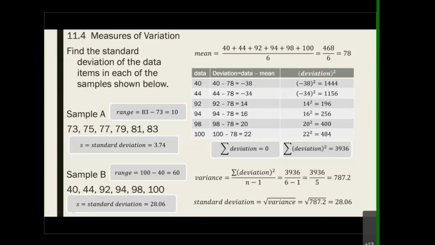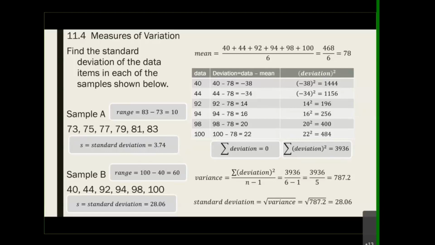Yeah, we have 6 total data here, so that's where the 6 came from. Last time, the first example, I had 9 because I had 9 different data. So the n is the total, each individual data. So again, here you can see that we have 6 different, like 40 is 1, 44 is 2, and so forth. So we have 6. So that's why the 6 came into play.